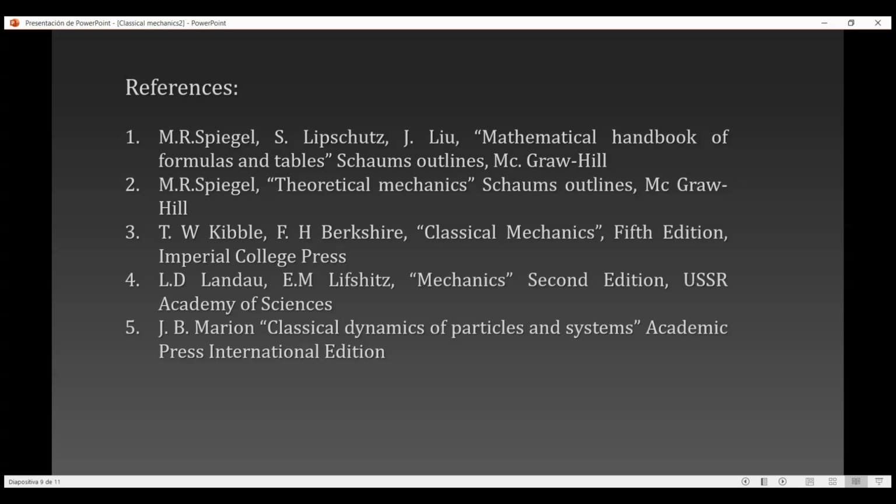The references I used for solving this exercise are, of course, M. R. Spiegel, Theoretical Mechanics, reference number 2. This is at the end of chapter 1, problem 1, proposed problems 144 and 145. Also from M. R. Spiegel, I looked at the integral of secant of theta, in M. R. Spiegel, Seymour Lipschutz, and John Liu, Mathematical Handbook of Formulas and Tables from the Schaum's Outline series, McGraw-Hill.